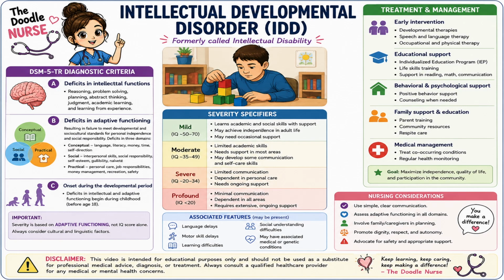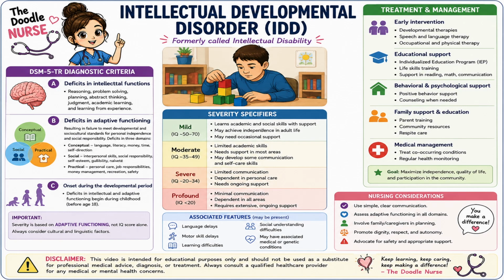Now, the third domain is the practical domain, and this includes activities of daily living, such as personal hygiene, dressing, meal preparation, medication management, transportation, occupational skills, and again, money management, recreation, and personal safety.